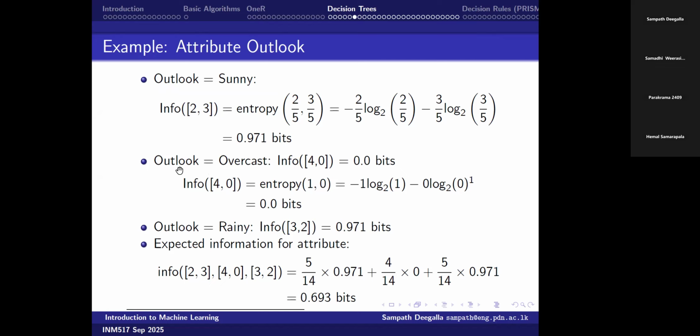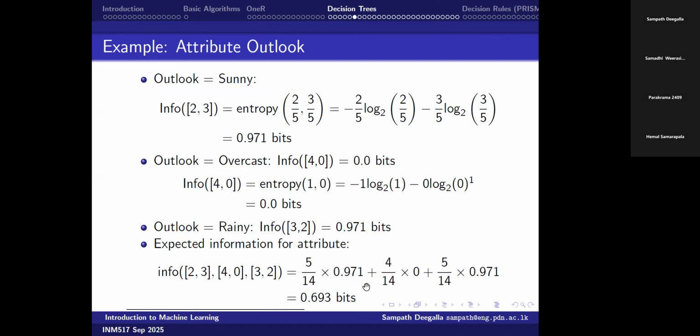Similarly, you can also calculate for Outlook overcast and Outlook rainy, and these are the values, right? And then you take the expected information for the attribute after you split on Outlook. So when Outlook is sunny, overcast, or rainy, you will get proportions.